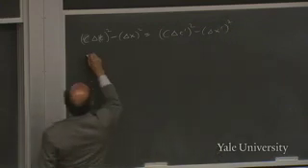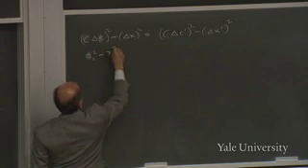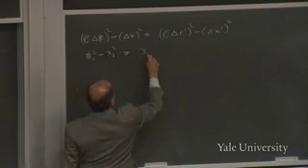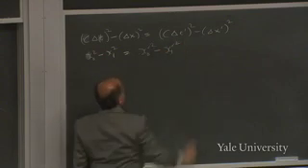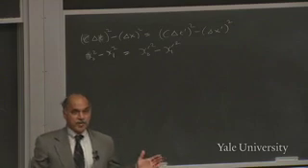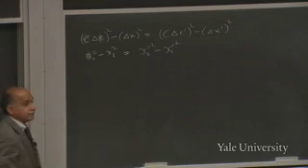Or if you like, x naught squared minus x1 squared will be x naught prime squared minus x1 prime squared. I'm using the notations back and forth so you get used to writing the space-time coordinates in two different ways.